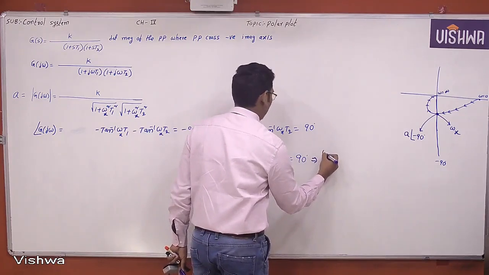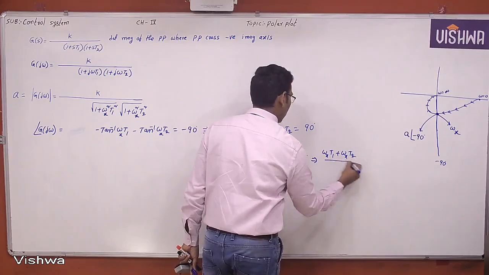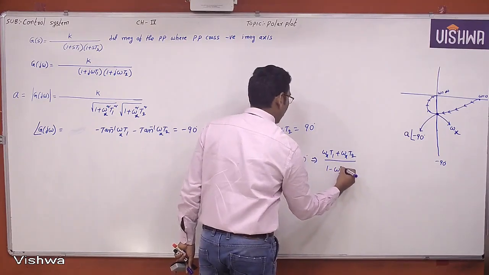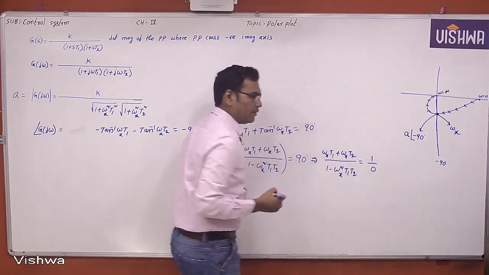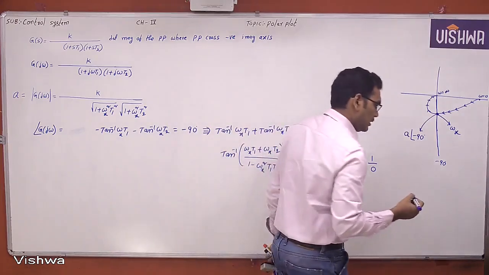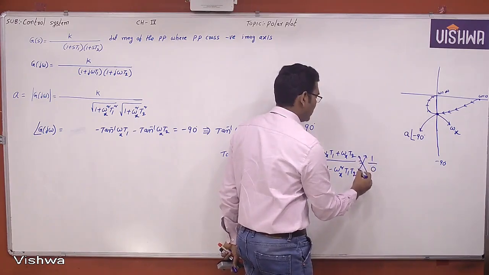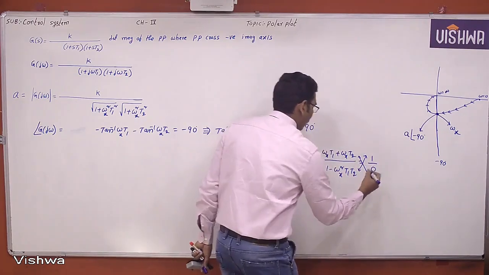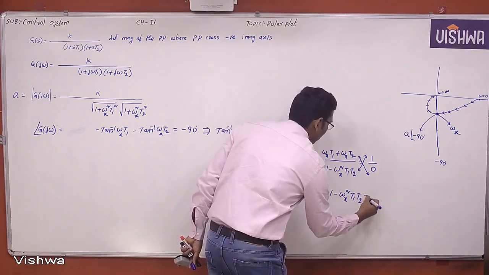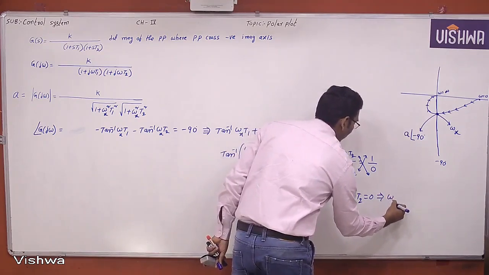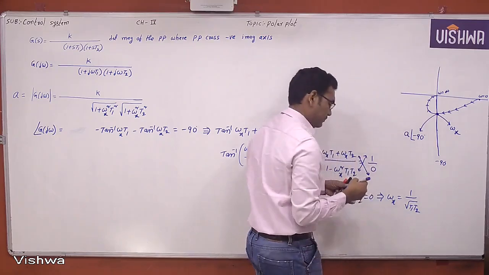Therefore, (omega x T1 plus omega x T2) by (1 minus omega x square T1 T2) equals 1 by 0. Now this is a cross multiplication. Doing the cross multiplication, 1 minus omega x square T1 T2 equals 0. Therefore, omega x equals 1 by root of T1 T2. Note down.